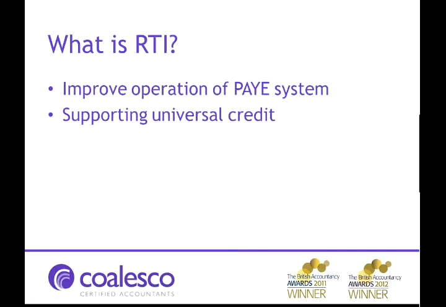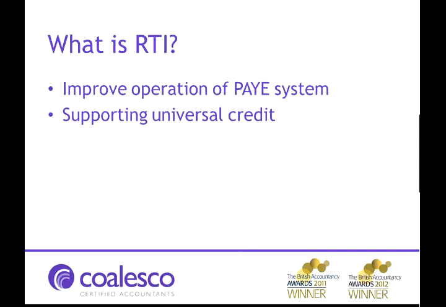Real-time means employers have to start reporting PAYE information to HM Revenue and Customs, HMRC, in real time. You may see this referred to as real-time information or RTI. This means we are going to submit details about employees' pay and deductions to HMRC each time an employee is paid.